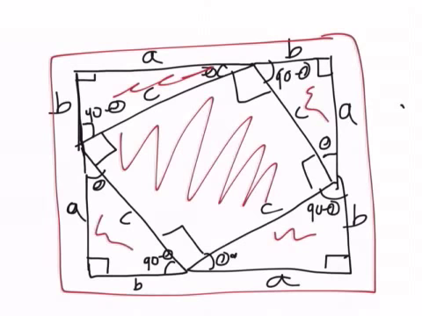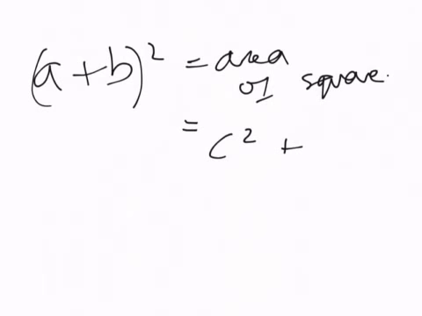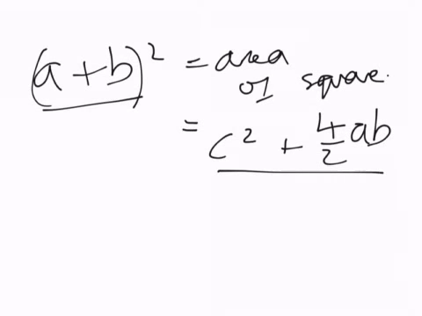Each triangle is going to have area half base times height, half BA or AB. But remember, there are 4 triangles, so times it by 4. Oh, I've got an equation. A plus B squared equals C squared plus 4AB over 2. Well, 4AB over 2 is the same as 2AB, because 4 divided by 2 is 2.